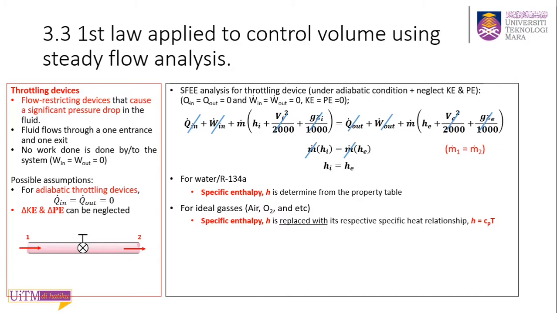So, as we can see in the final equation here, the enthalpy at the inlet is equal to the enthalpy at the exit. The values for enthalpy here are based on the substance. So for water and R134A, the values are read from the property table, and for ideal gases, specific enthalpy h here is replaced with its respective specific heat relation CpT.